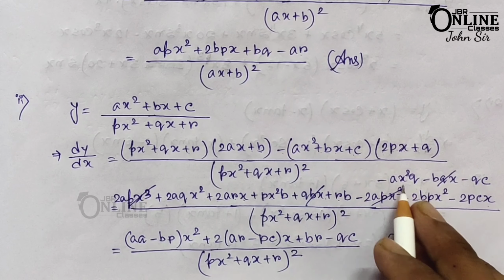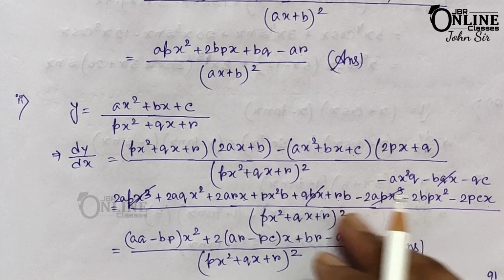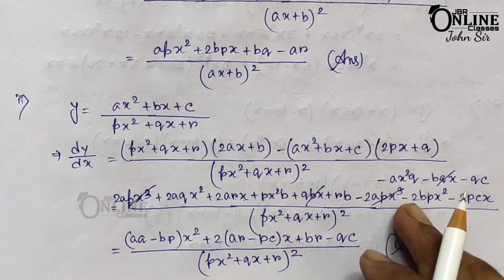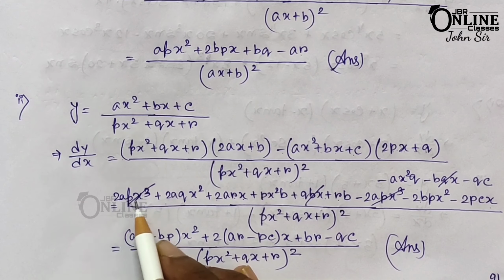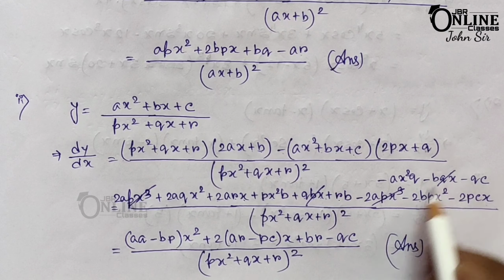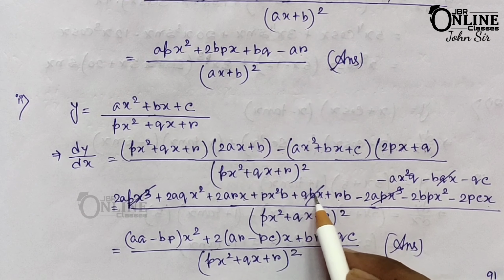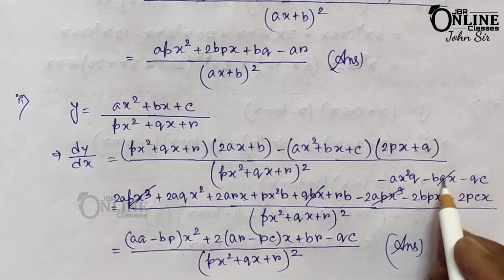Now q into this one, q into this one, and q into this. You have to just remember the sign. Be very careful about the negative sign. The lower one will be the same. Now here 2apx cube will be cancelled out with this one, and bpqx cancels out, bq and x, not bp. So bqx cancels out with this one.